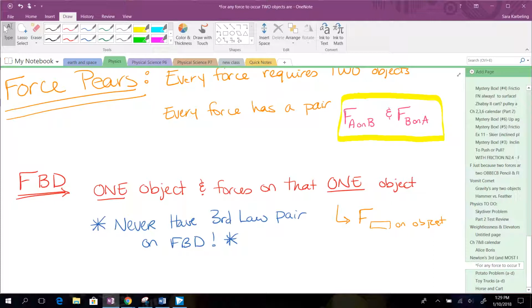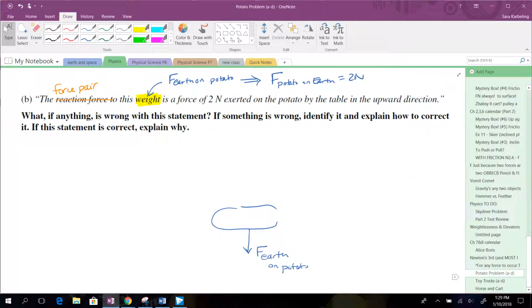That's the way you get a third law pair, no other way. You just have to switch those labels. So if this is earth on potato, what's the third law pair going to be? Boom. There you go.